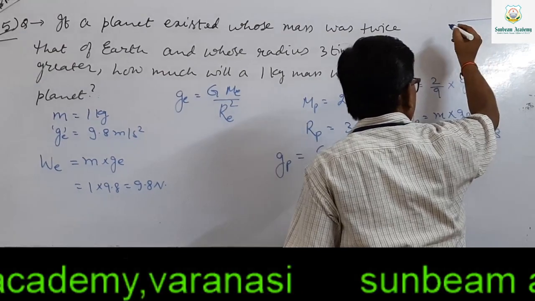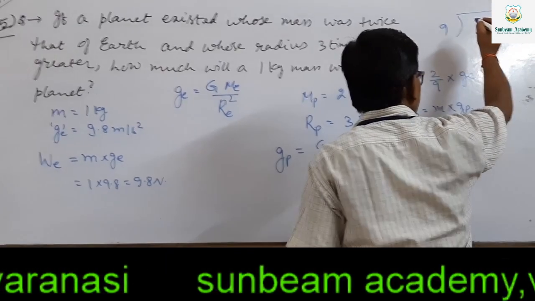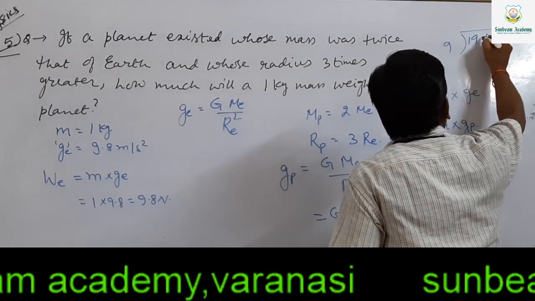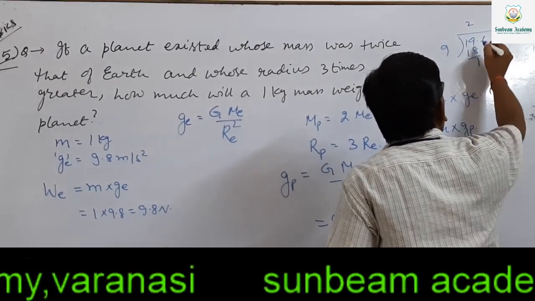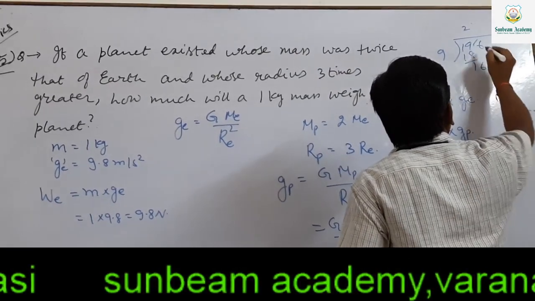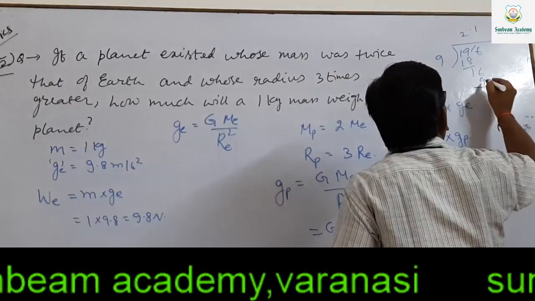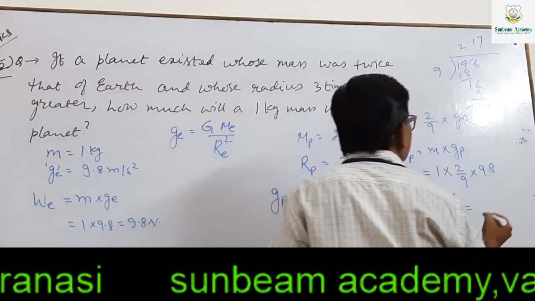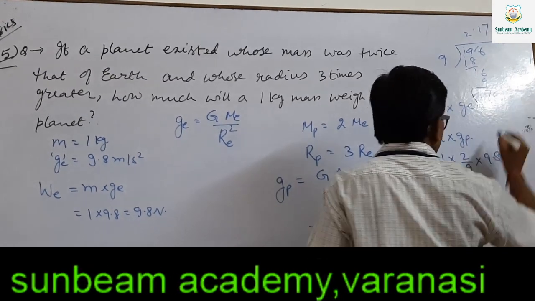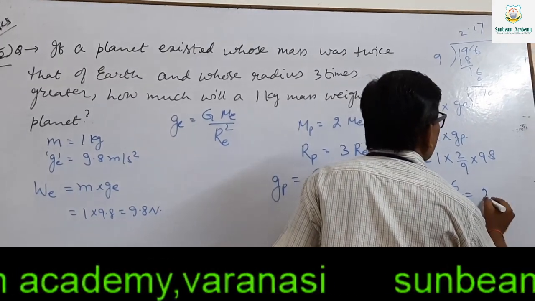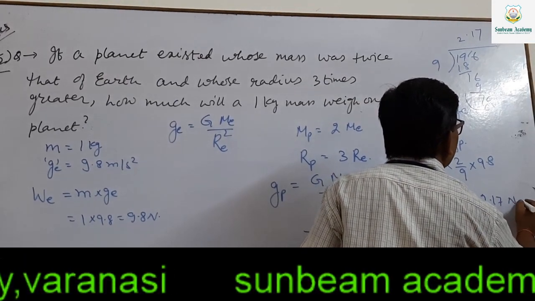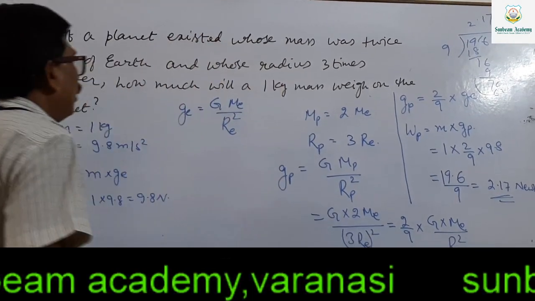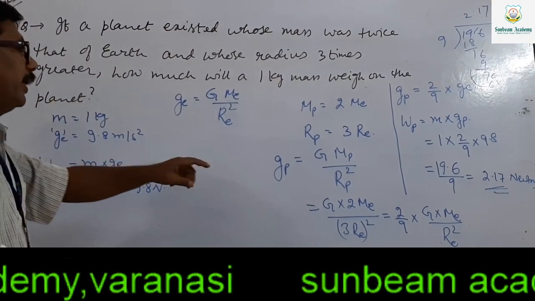Divide this value by 9. 9 twos are 18, put the point, remove the point, 6, 9 into 7 is 63. The value will be 2.17 Newton. Means the weight of that object on that particular planet will be 2.17 Newton.